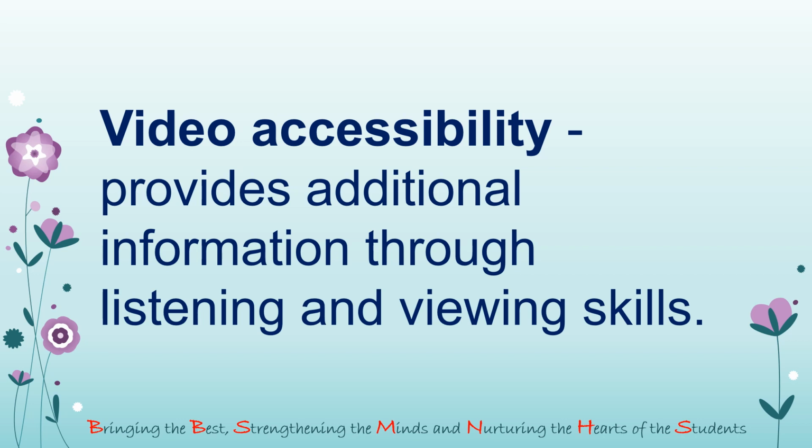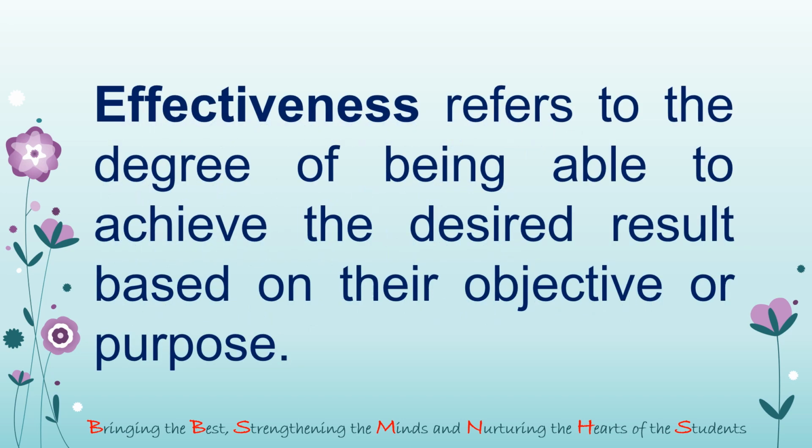And this provides additional information through listening and viewing skills with the use of audio and visual materials. On the other hand, when we say effectiveness of the information, this refers to the degree of being able to achieve the desired result based on their objective or purpose.